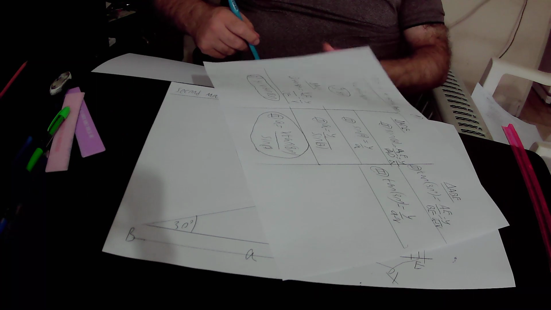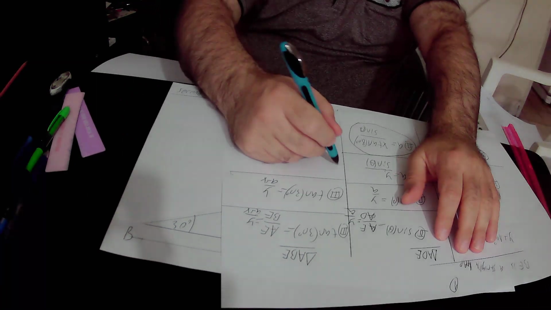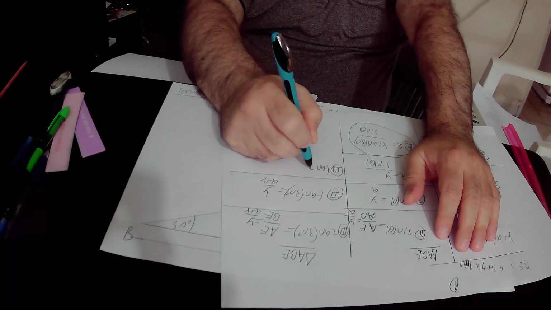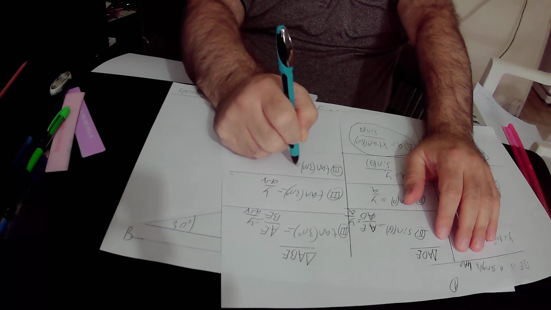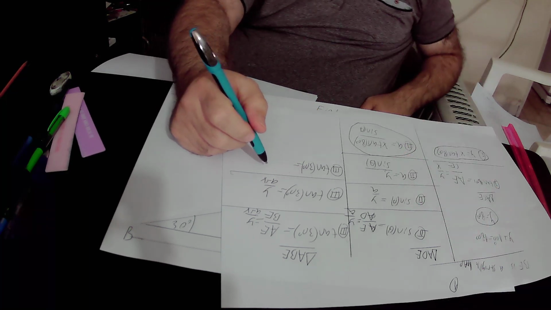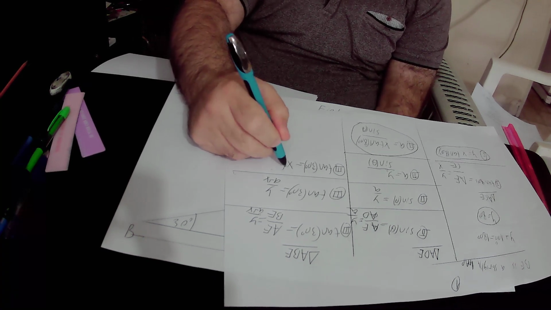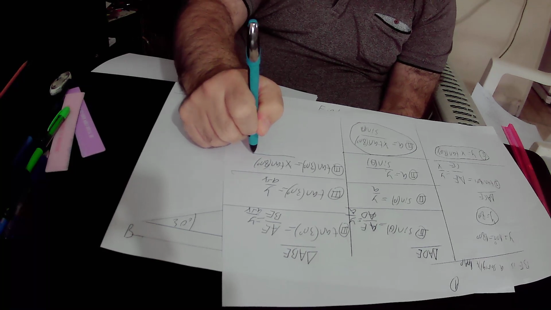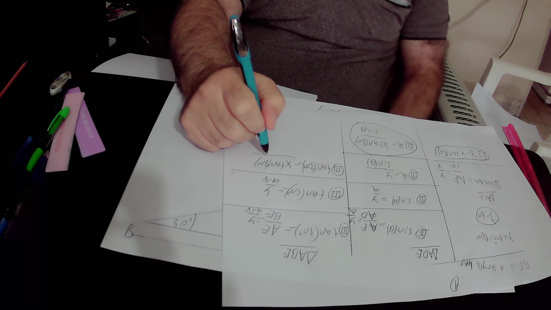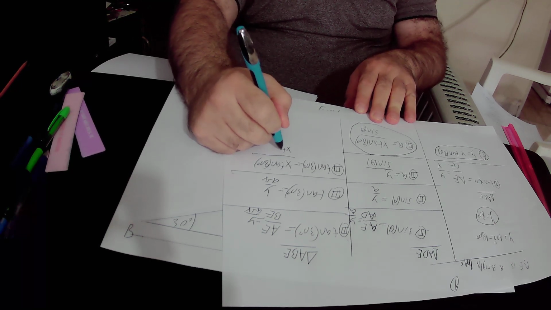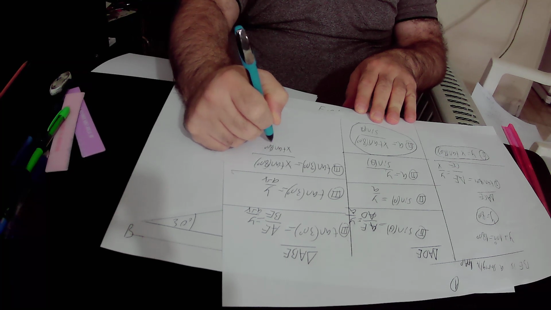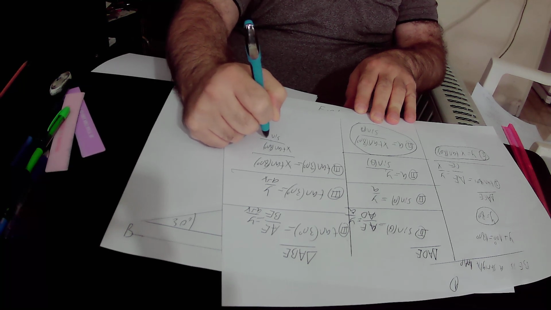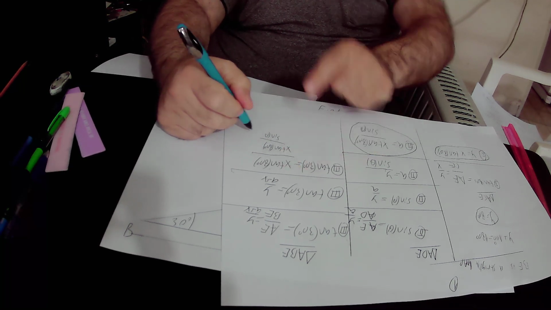So we will get that tangent 30 degrees equals x tangent 80 degrees over a plus x, where a is x tangent 80 degrees over sine theta, and here we have also plus x.